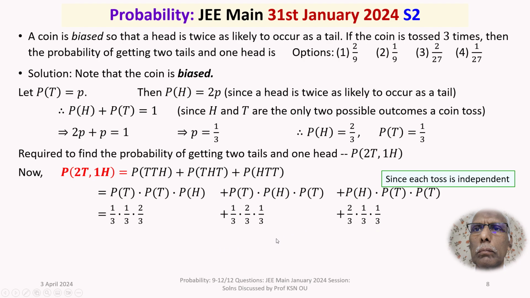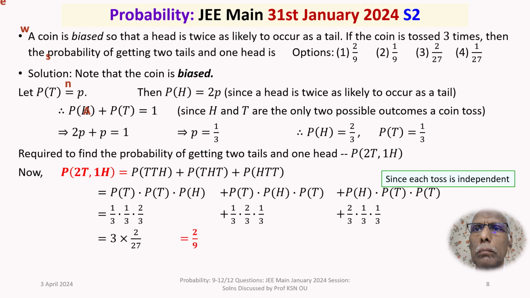So this is equal to, each is 2 by 27 and they are 3 in number. So it will be 3 times 2 by 27, that is equal to 2 by 9. So the required probability is 2 by 9. Let's look at our options. Our answer 2 by 9 appears against option 1.